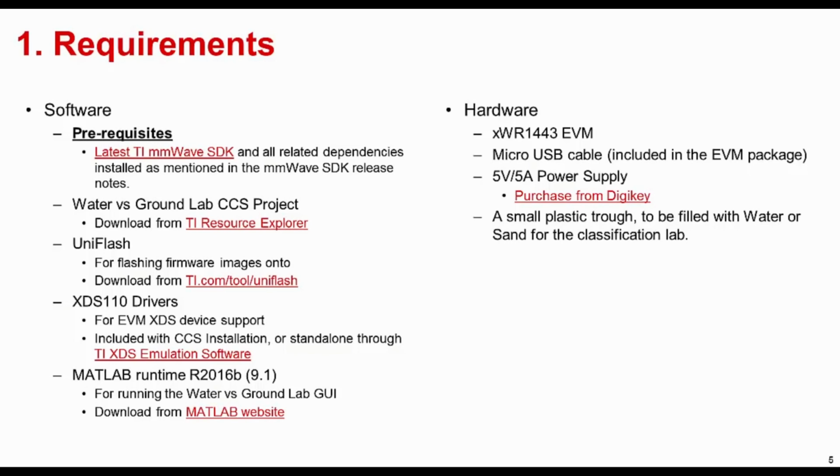MATLAB Runtime 9.1 is needed on the Windows PC to run the Water vs. Ground Lab GUI. The lab works on both IWR1443 and AWR1443 EVMs, so you'll need either one of these along with a 5V 5A power supply. Finally, you will need a small, wide plastic container as shown in the setup images. The container should be filled with water or sand for the classification experiment.